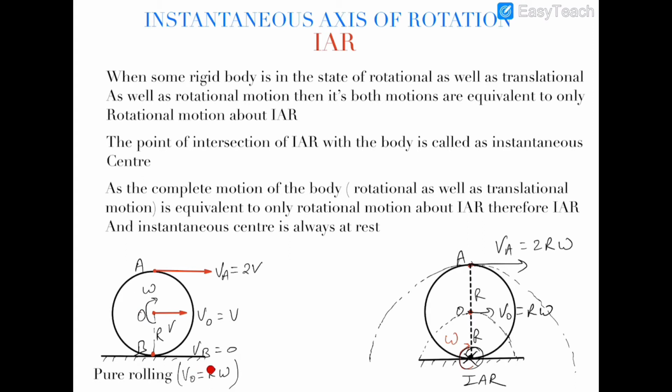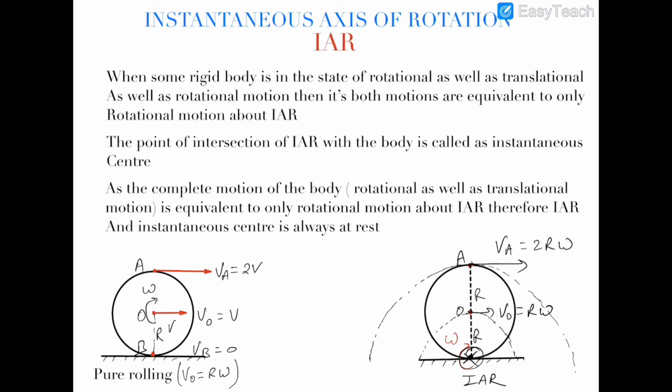So v will be equal to r omega, and hence if we find out the velocity of any point lying on the ring, then we have to add up the velocities due to both motions, translational as well as rotational, by vector addition.